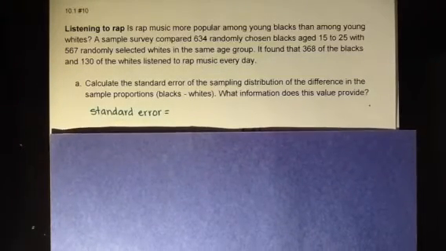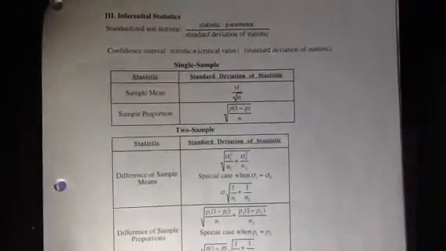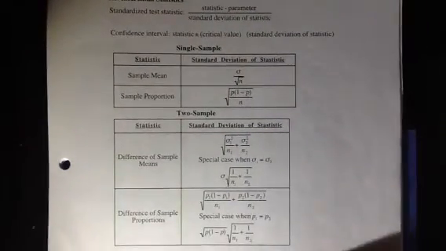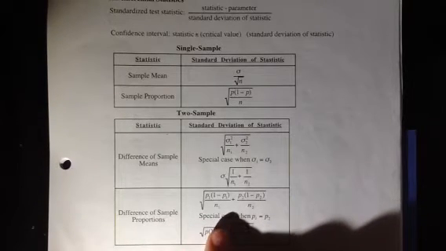So to calculate the standard error, we're going to look in our resource packet. Remember, standard error, we're looking at the standard deviation of our statistic. Because we're looking at a difference of sample proportions, we're going to come over here to this formula. Square root of p1 times 1 minus p1 over n1 plus p2 times 1 minus p2 over n2.